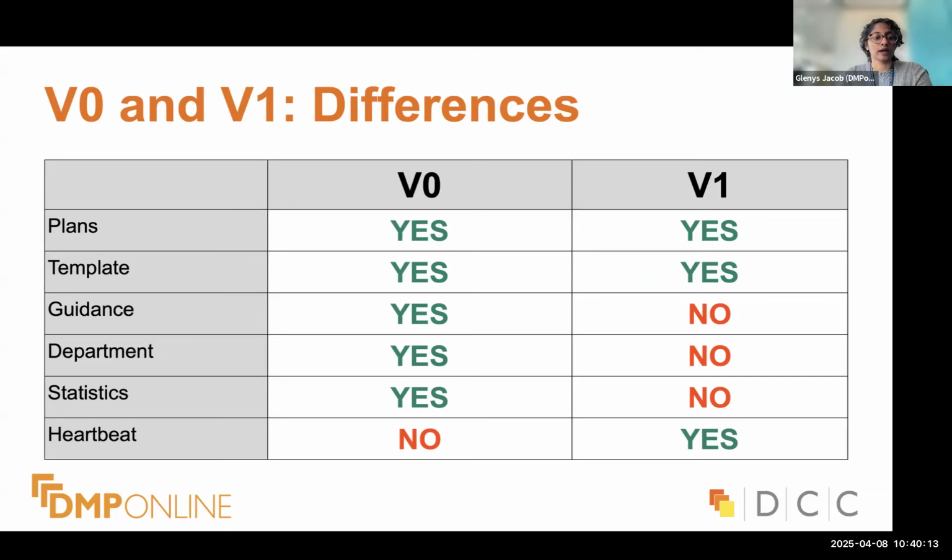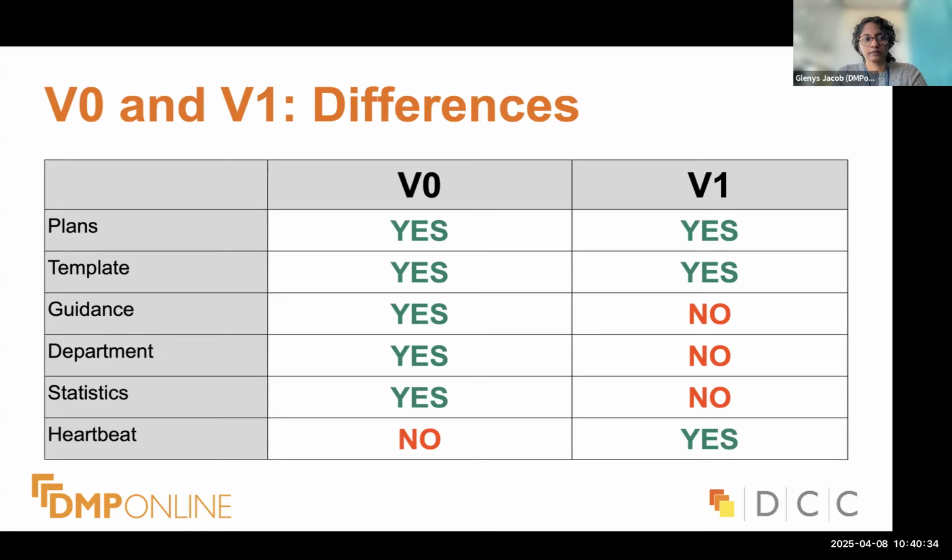Version 0 has, as you can see, plans, templates, guidance, departments, statistics, and version 1 has only plans, templates, and heartbeat. Just a quick definition of what the heartbeat endpoint does: it's used to check if the API is online. Currently we have this only for version 1.